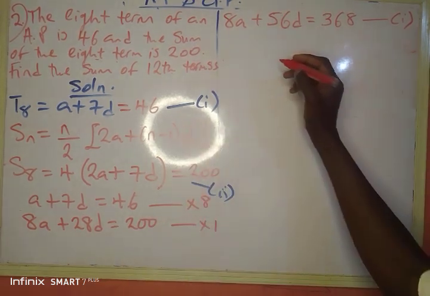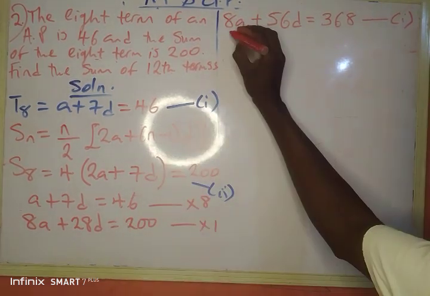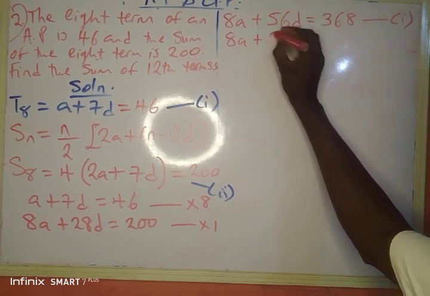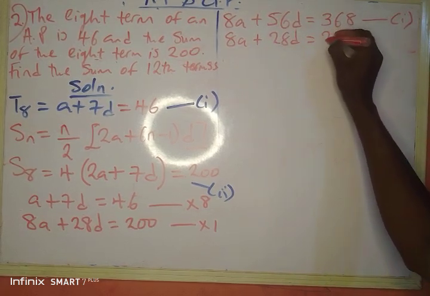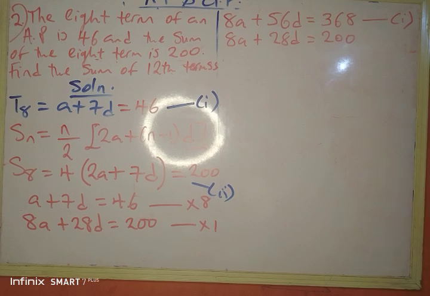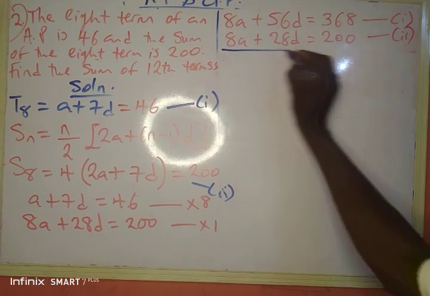Then for equation 2, we say 8a plus 28d equals 200. From here I can say equation 1 minus equation 2 to find my d, because the coefficients of a are equal, hence it will cancel out.